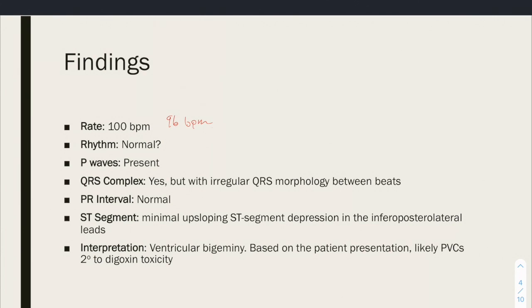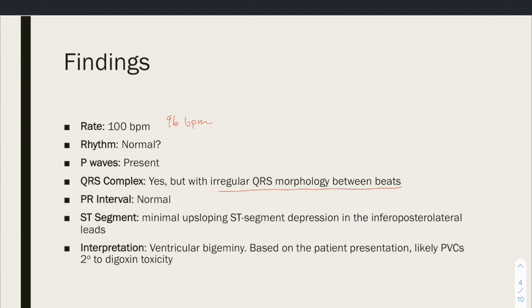We had P waves where there was normal conductance, and then for our QRS complexes, they have some normal morphology, narrow QRS complexes, but of course we had those irregular, wide complex beats in between each normal beat there.